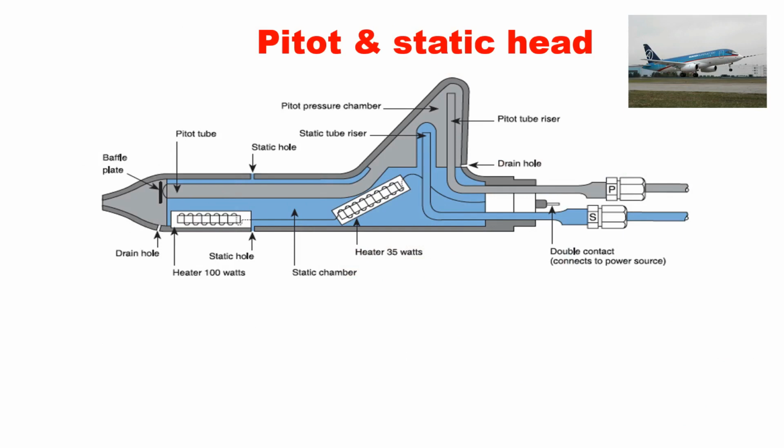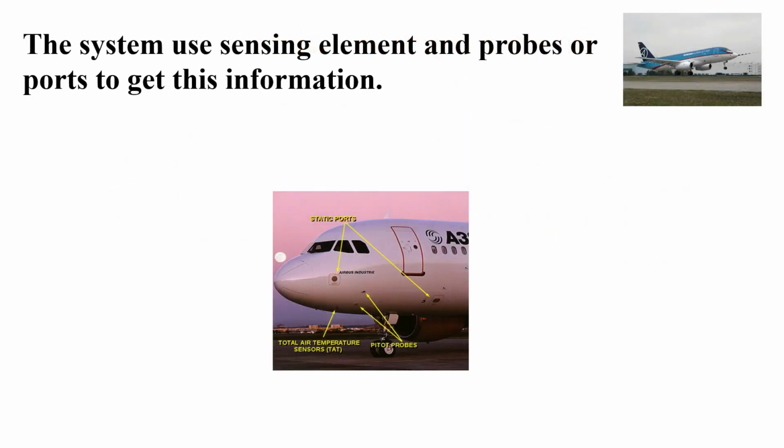Some aircraft have a combination pitot-static head, in which the pitot pressure is taken from the open end of the tube, and static pressure from holes or slots around the head. In modern aircraft, the pitot-static system uses sensing elements and probes or ports to get this information.